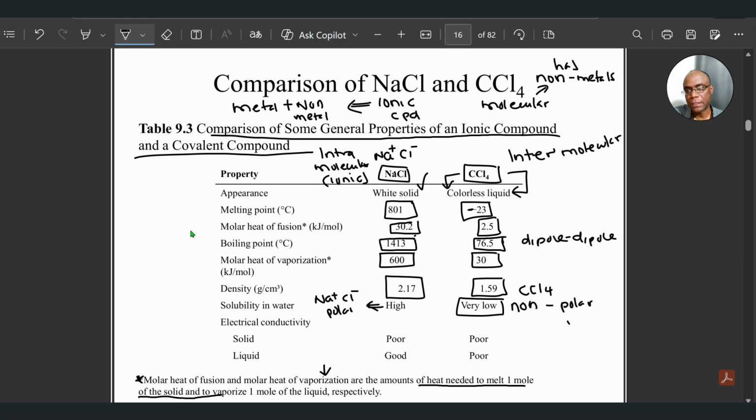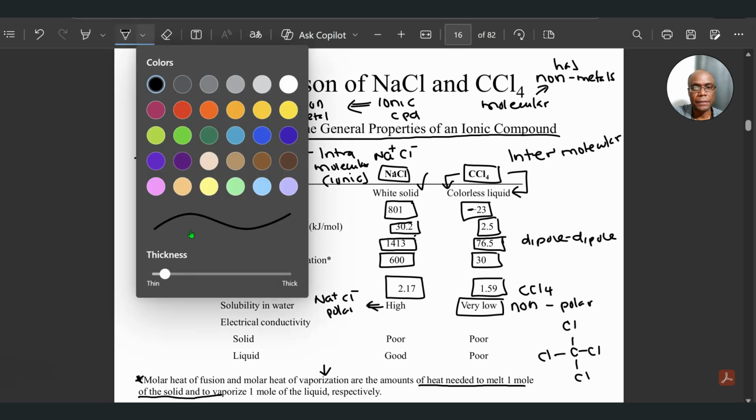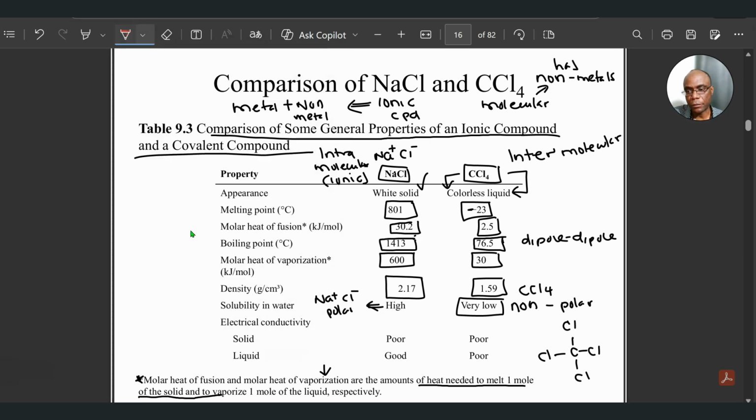The dipole moments cancel out. Let me talk about dipole moments. We know that electronegativity here is higher for chlorine than carbon. So you're looking at a structure that looks like this generally. Those are dipole moments, and they're canceling out left and right. So overall, there's no dipole, making carbon tetrachloride nonpolar.